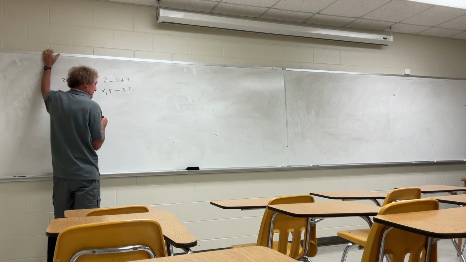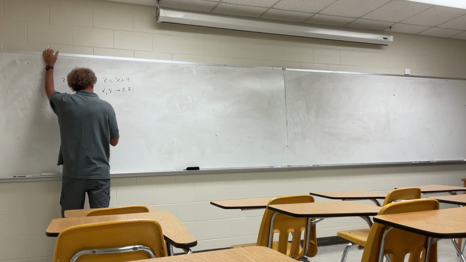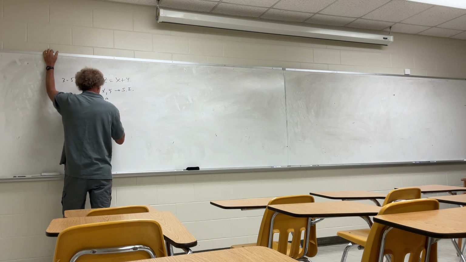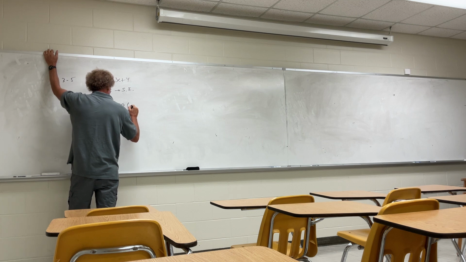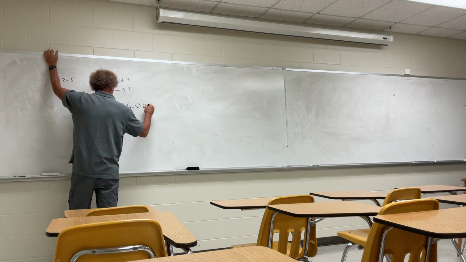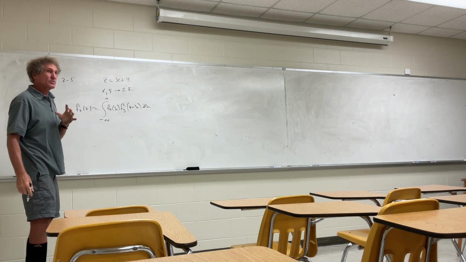If you have f_X(x) and f_Y(y), and they're statistically independent, then it's the integral from minus infinity to infinity of f(x), it doesn't matter what variable you use, lambda, times f_Y(z minus lambda) d lambda. That's what it is if that's a plus, and that's convolution.